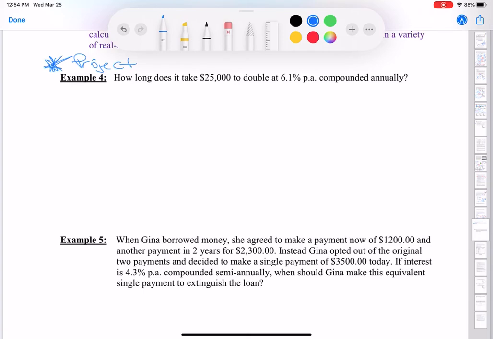Our formula is F is equal to P times (1 plus I over M) to the MT. We know that we're starting with $25,000, so that's our P. We know that our I is 0.061, and M is 1 because it's annual. And we're looking for how long for it to double. So our F is going to be double the 25,000, so it's going to be 50,000.